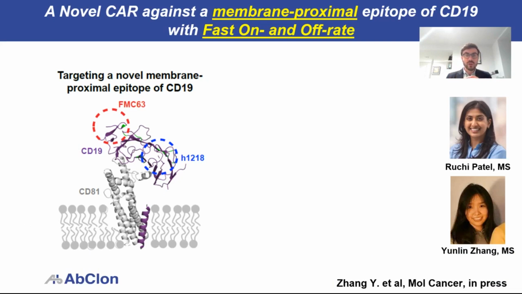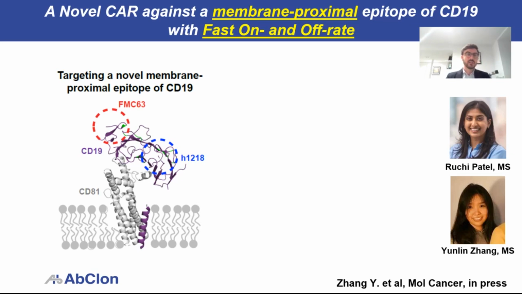And the goal of this project was to develop a novel CAR against CD19 that we hypothesized could be better because of a few characteristics related to the CAR construct that make it quite unique. So what are these characteristics?